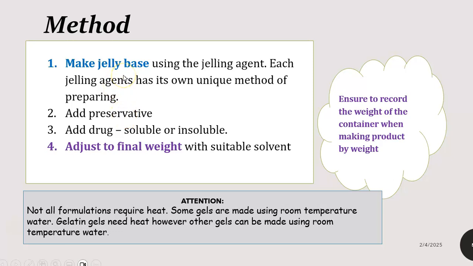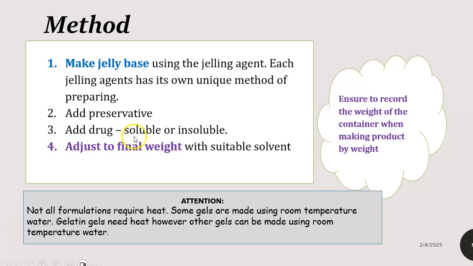The jelly base is going to swell and thicken with time, and so it's important to incorporate the preservative in this early phase so that as the jelly expands and hydrates, the preservative expands and hydrates with it as well. So we do not want, when we're making jellies, to have a very thick jelly base and then pour in our preservative. No. Jellies are predominantly water-based, and so the preservative needs to be a part of the jelly base.